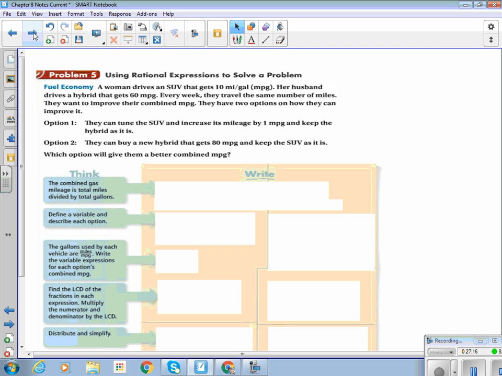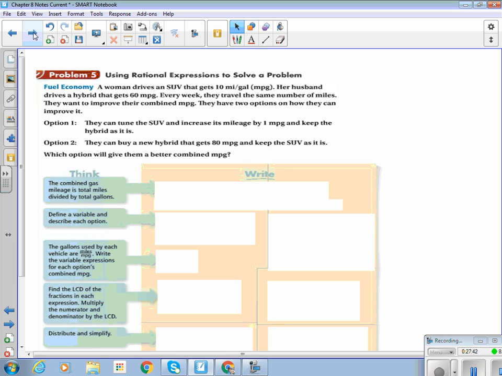They can tune up the SUV and increase its mileage by 1 mile per gallon and keep the hybrid as it is. And that's true: better maintenance, tire pressure, oil change, the better you care for your car, the better gas mileage it gets. Or they can buy a new hybrid that gets 80 miles to the gallon, and keep the SUV.